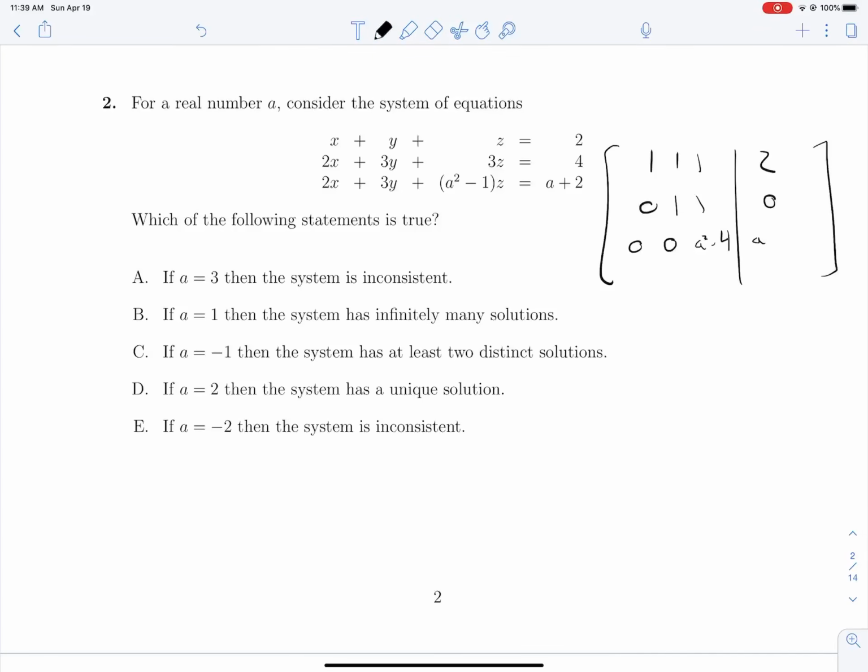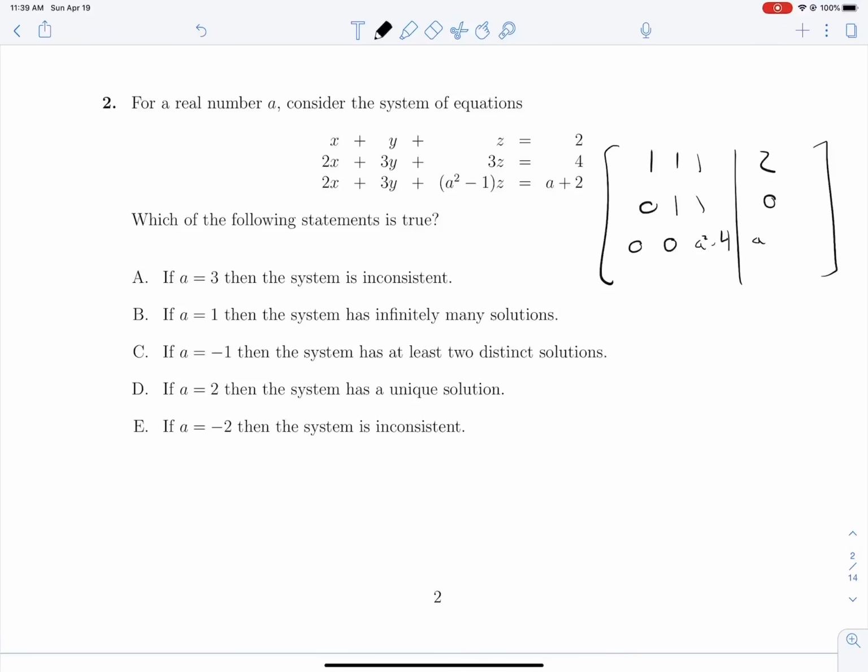At this point we should be simplified enough that we can figure something out about this system. What about A? If A equals 3, then the system is inconsistent. Well, if A equals 3, nothing particularly bad happens. The only thing that we're really worried about is if we get a 0 here and a non-zero value here.